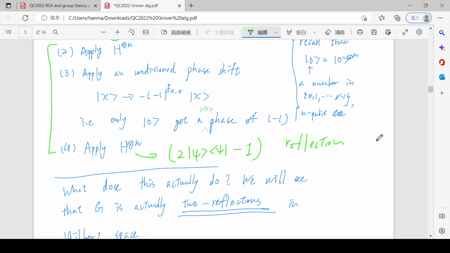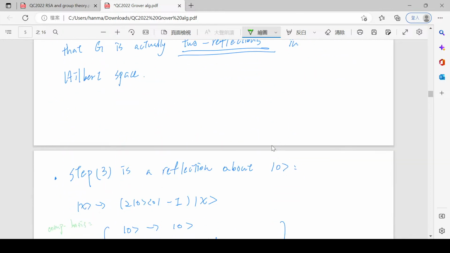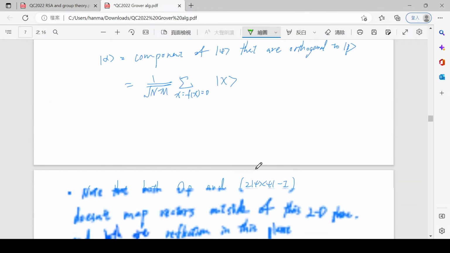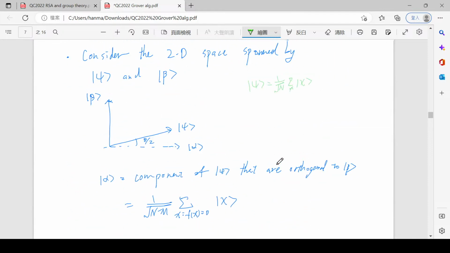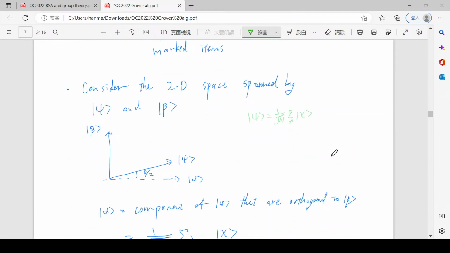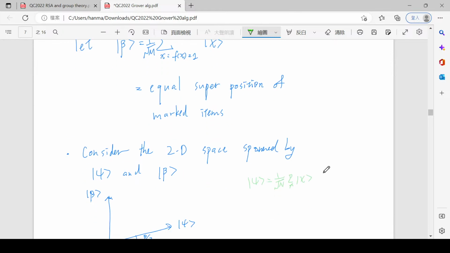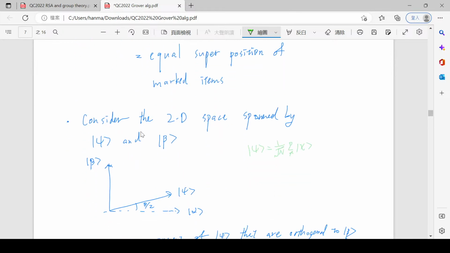Why do we call it reflection around psi? Because if we go to this nice 2-dimensional space, we can think about the 2-dimensional space spanned by 2 things. One thing is this, not actually phi, it's actually psi. So this psi is the equal superposition of every state.